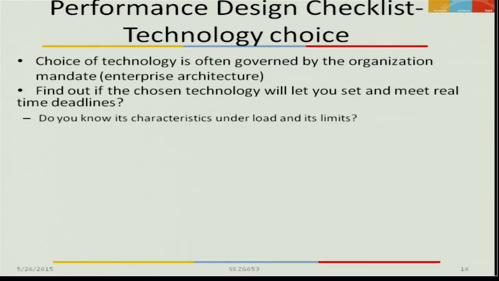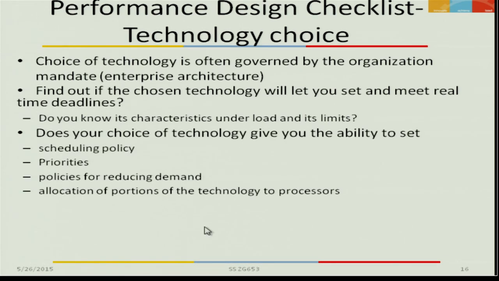So in some cases, find out if the chosen technology will really let you meet the real-time deadlines. Suppose you are dealing with an application which requires real-time deadlines. If you know the characteristics under load and its limit, you find out if the technology chosen will really be able to meet such requirements.